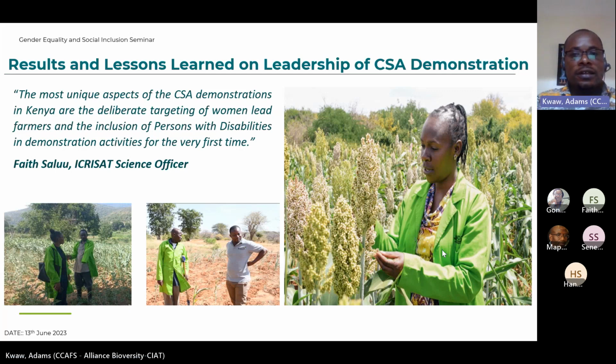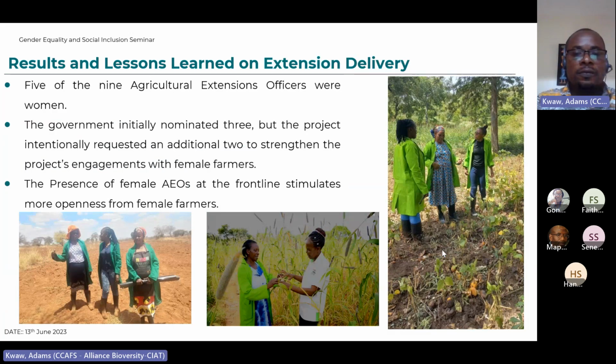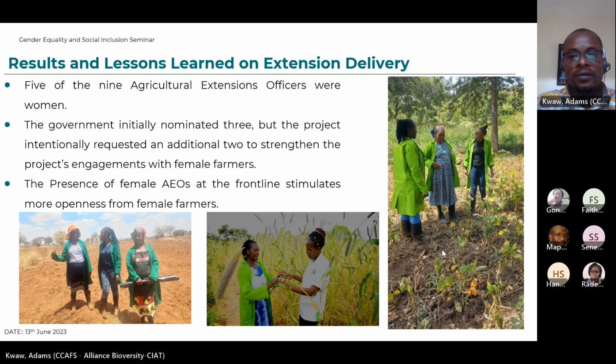And then beyond leadership, we also experience important changes in the extension delivery aspect. We succeeded in getting more women featuring as extension delivery officers. And by the project design, AICCRA field officers were not the frontline extension delivery officers.